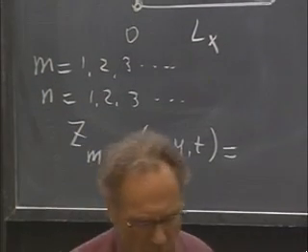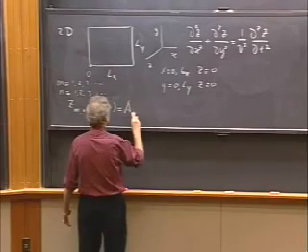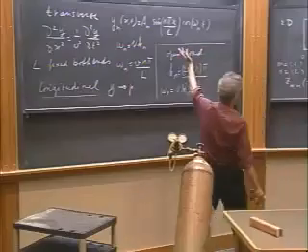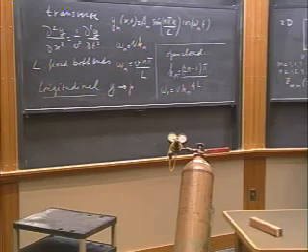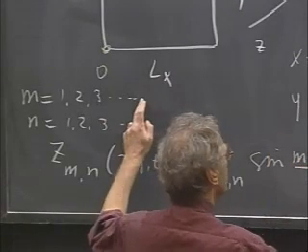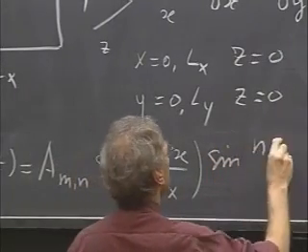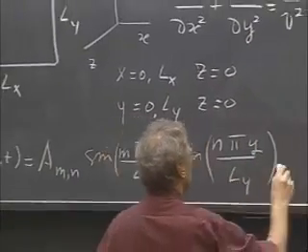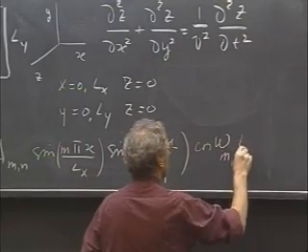So I have to introduce some kind of an amplitude, which can be different for the different modes. Mary, Nancy. And now I get something extremely similar to this, except I get two sines. So I get here sine of m pi x divided by Lx times the sine of Nancy pi y divided by Ly times the cosine of omega mn times t.